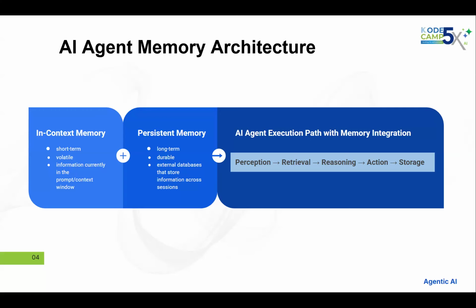And what is the execution path of an AI agent when you have integrated external memory into it? Typically there's perception, where the LLM gets the input and infers the intent.